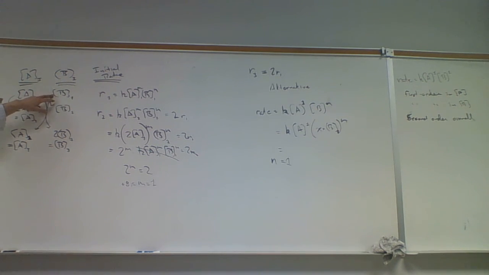In the method of initial rates, you change one and leave the other one the same, so we can see the impact. Because this one, the concentration didn't change, therefore it's not going to have any impact on the rate. If the concentration is the same, the rate should be the same. This one, we changed the concentration on A, and therefore that's what happened there.